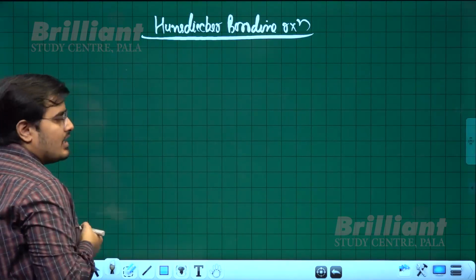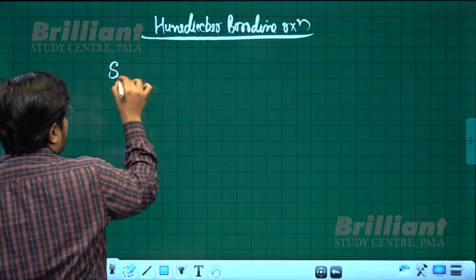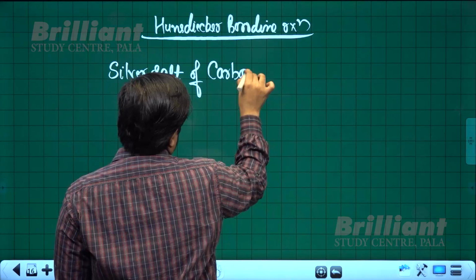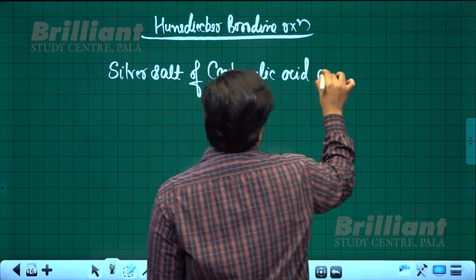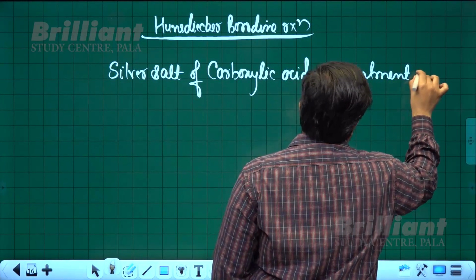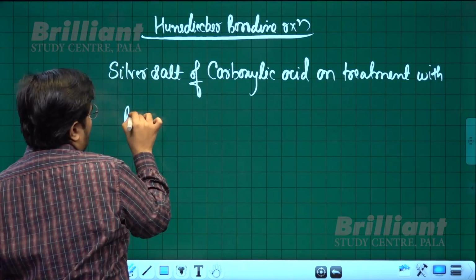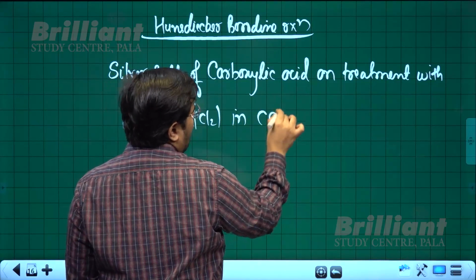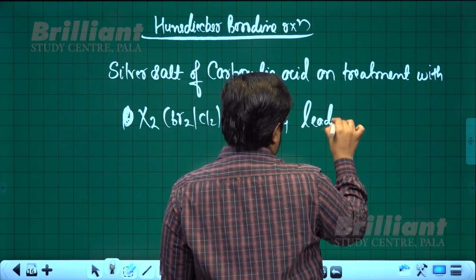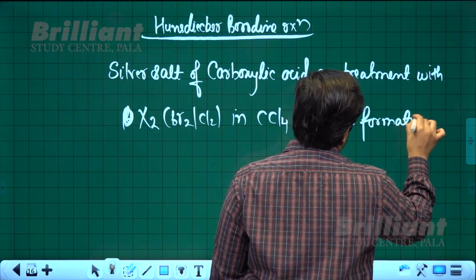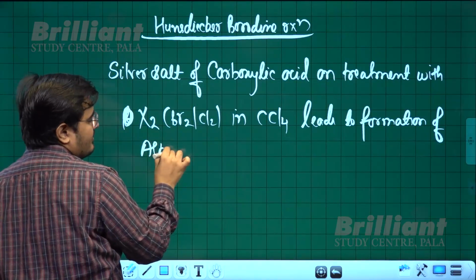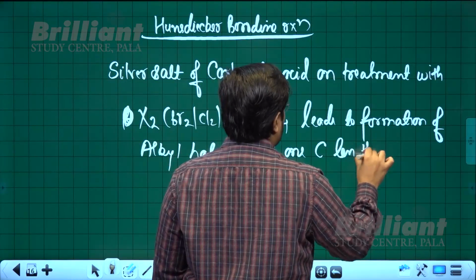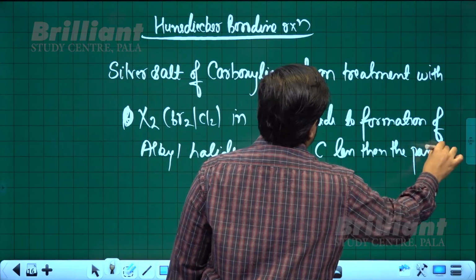This is also an example of a decarboxylation reaction, where the silver salt of a carboxylic acid on treatment with X2, where X2 can be bromine or chlorine in carbon tetrachloride, leads to the formation of alkyl halides with one carbon less than the parent salt.